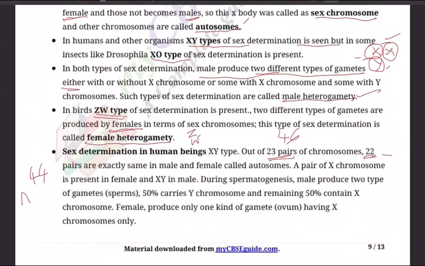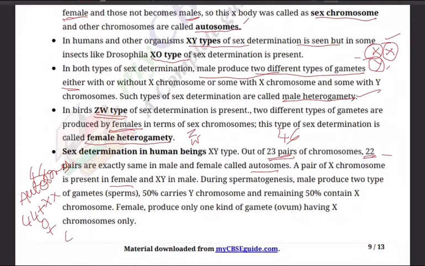That is, they decide the characteristics of the body. So autosomes are chromosomes that decide bodily characters. And the remaining two, a pair of X chromosomes, is present in the female. So you have 44 autosomes plus XX. This is the combination in the case of a female.